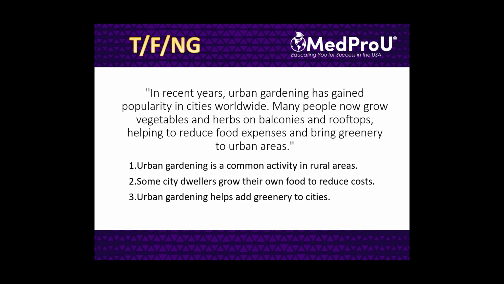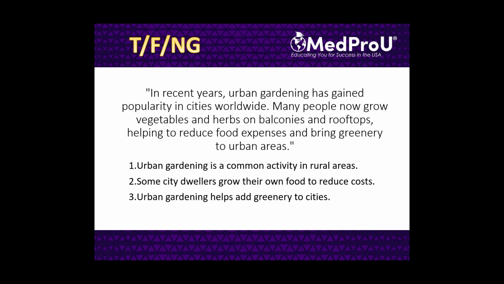All right, let's check. In recent years, urban gardening has gained popularity in cities worldwide. Number one is asking: urban gardening is a common activity in rural areas. When you say city, it is urban. Rural is for provinces.